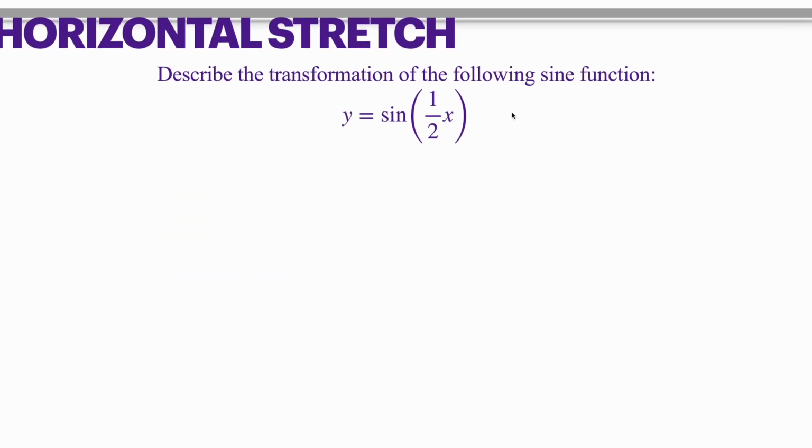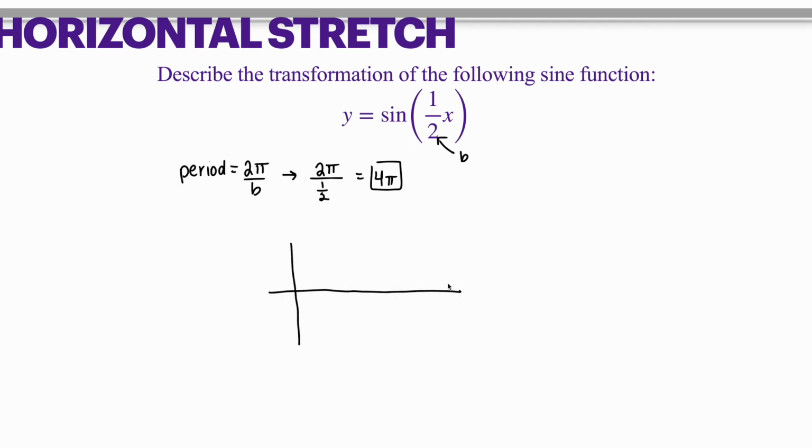Now, a horizontal stretch, that is where you're going to use the period is going to equal 2 pi over b. So therefore, since this number is b, it is going to be 2 pi over 1/2, which is 4 pi. So that is a horizontal stretch of 4 pi. What that represents, if we were to graph this sine function, here's pi, 2 pi, 3 pi, 4 pi.